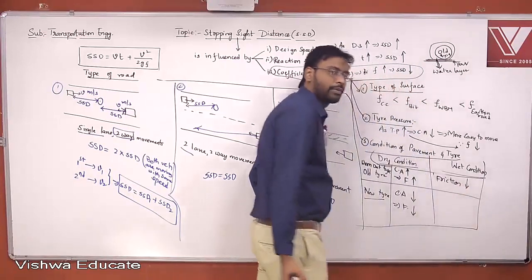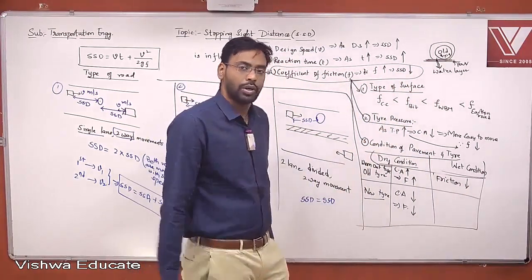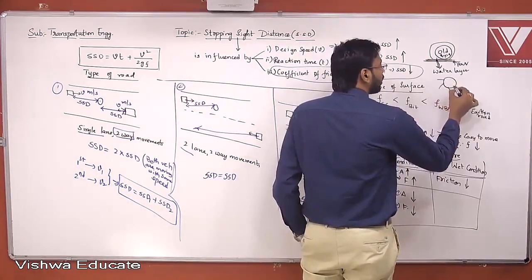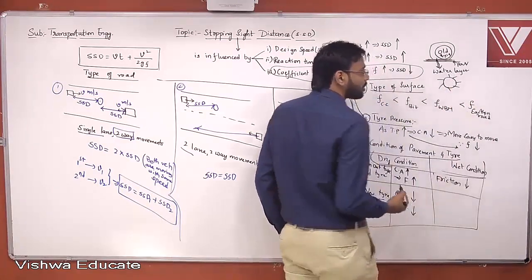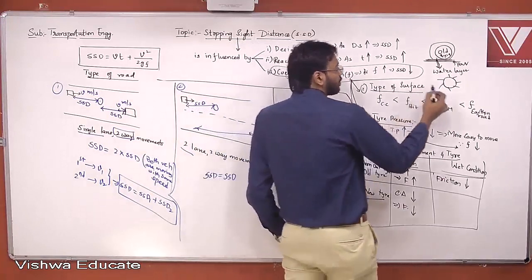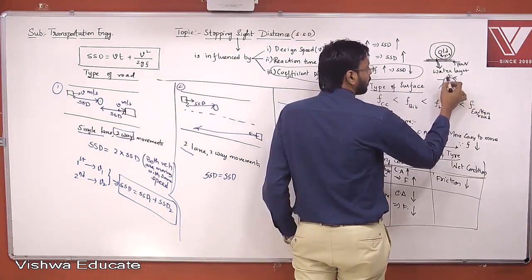Now the opposite is the case for a new tire. What happens for a new tire? There will be threading, there will be grooves for the friction, more friction, right? So these grooves will break the water layer. This is the water layer.